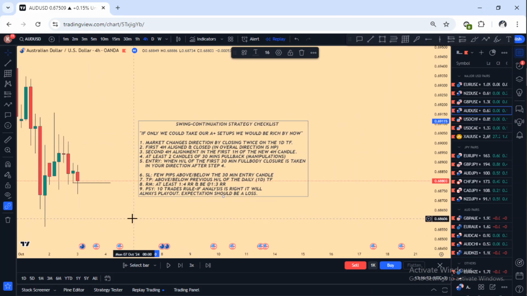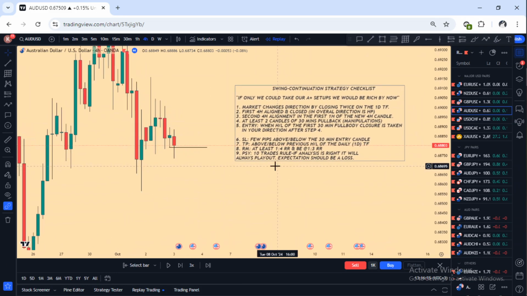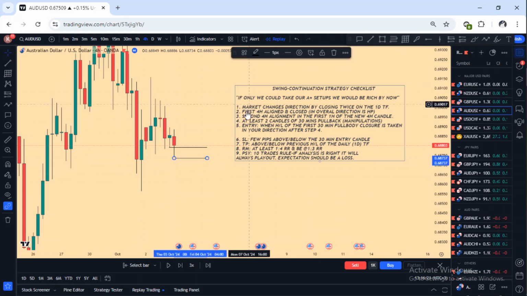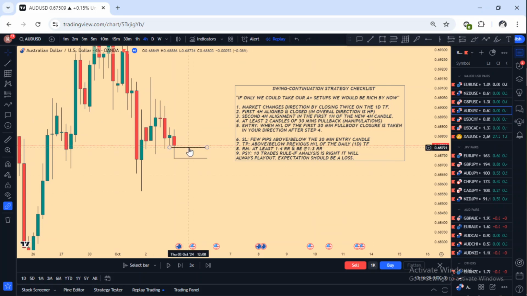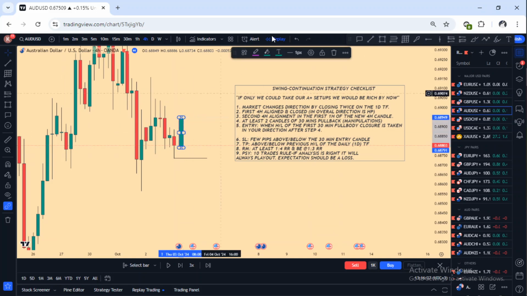Now what next? The next thing to do here is to wait for second alignment. So we go to the next step. Second 4 hour alignment in the first 1 hour of the new 4 hour candle. Now the first hour is aligned, we are done with that. Now let me tell you something. If at all we align like this and then it misaligns again, leave it alone.